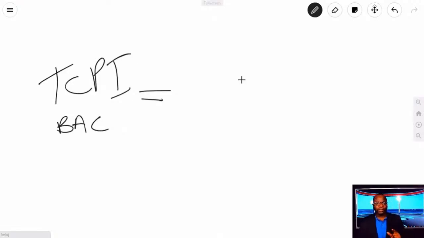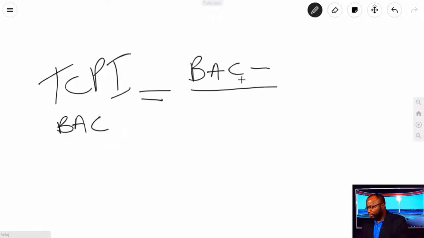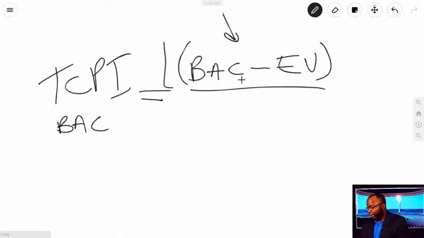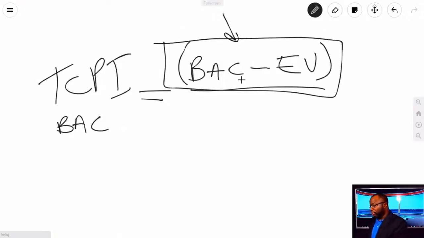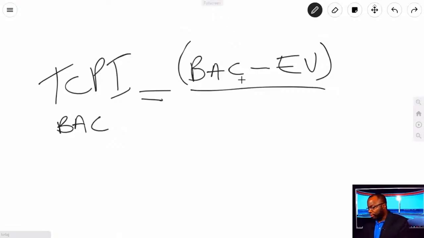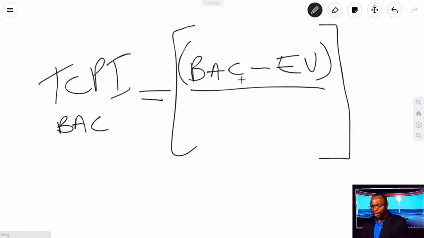Tell us what is the state of your project right now. The TCPI is going to be the budget at completion minus earned value. You see why I keep saying this? This thing right here is a recurring theme. You're going to come across it multiple times.